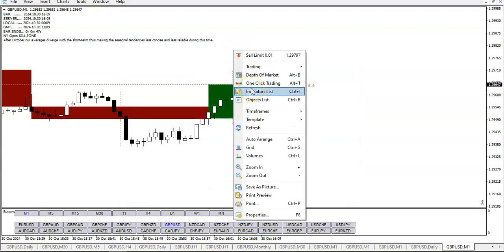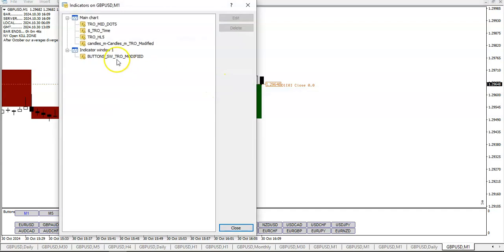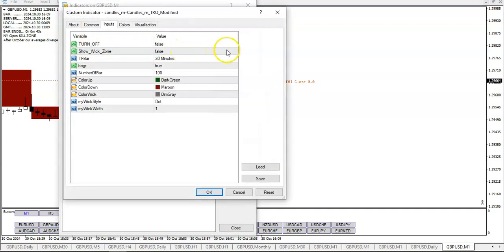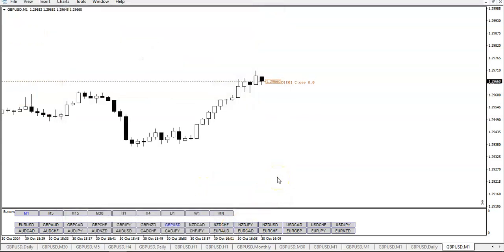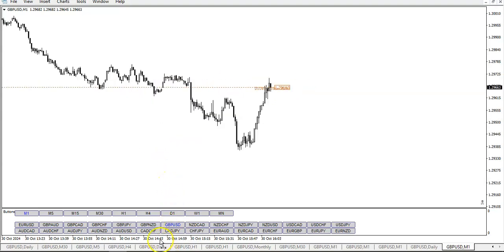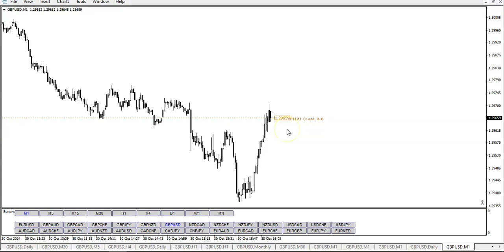And let's also turn off the candles indicator. So we're pretty much starting with a blank chart, except we've just got a line drawn here at the current price.